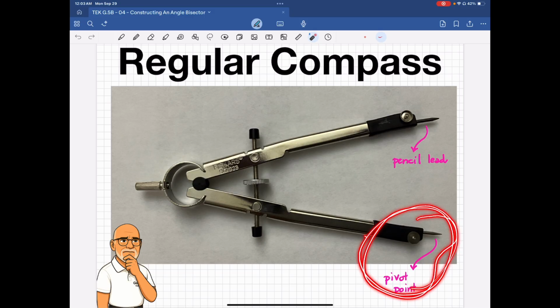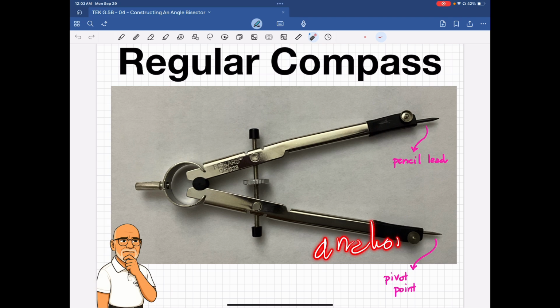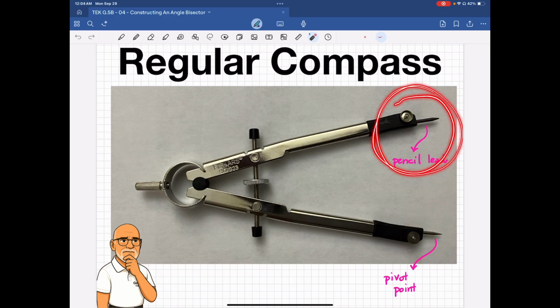It's usually a sharp metal needle-like piece to your compass, and this becomes our anchor point for the compass. So this could go at the vertex of an angle, or it could go at the end point of a segment. Up here, we have the lead portion of our compass, and this is what's going to be making our arcs when we're doing our arcs for the construction.